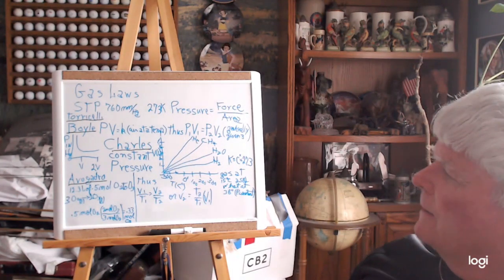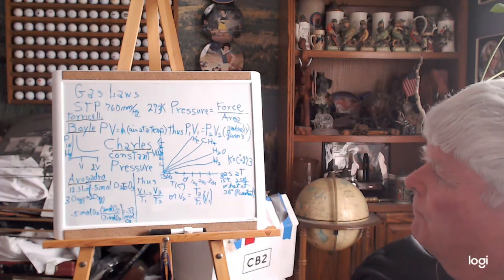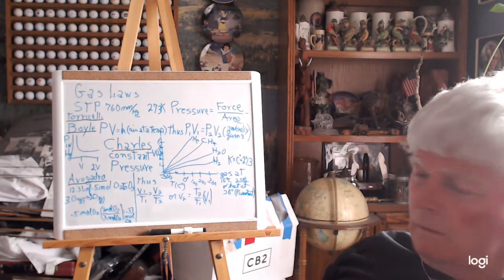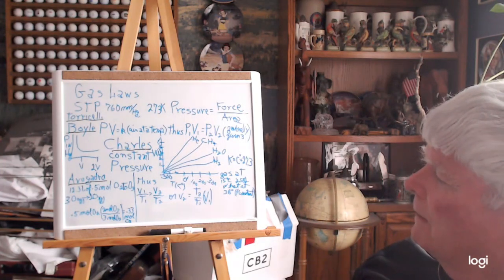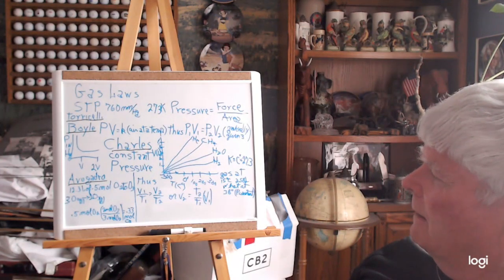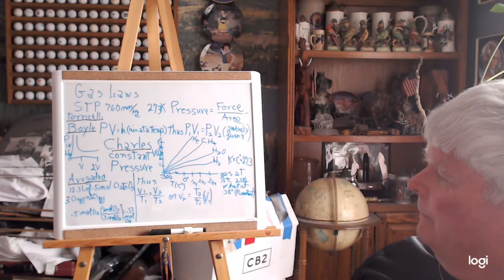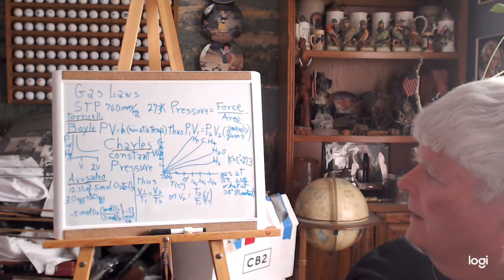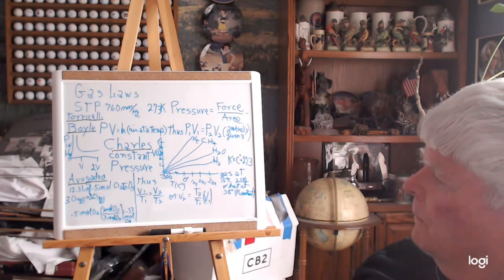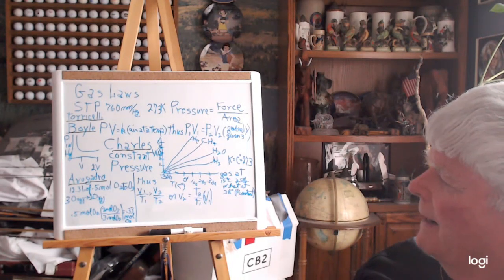Now the problem says you have 12.3 liters of 0.5 molar oxygen. You want to change it to ozone. That's the equation. And again, you have volume and concentration. You would merely change the 0.5 moles of oxygen.